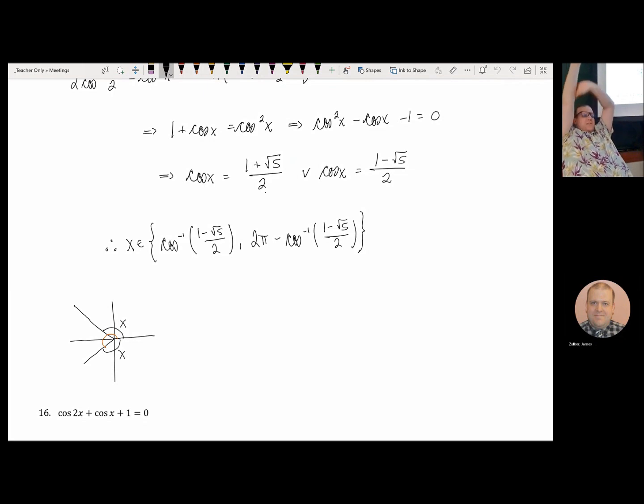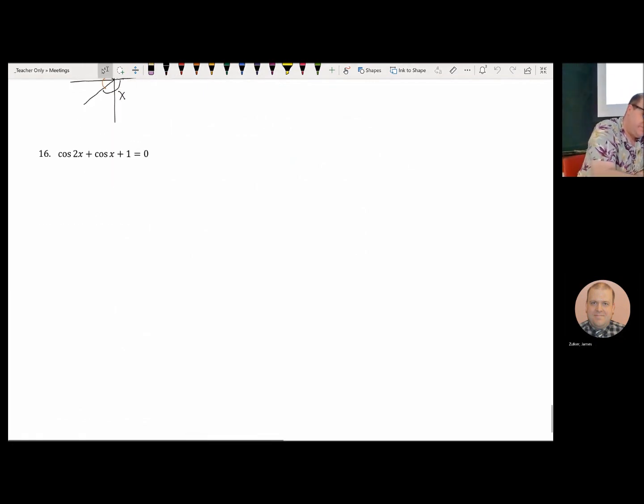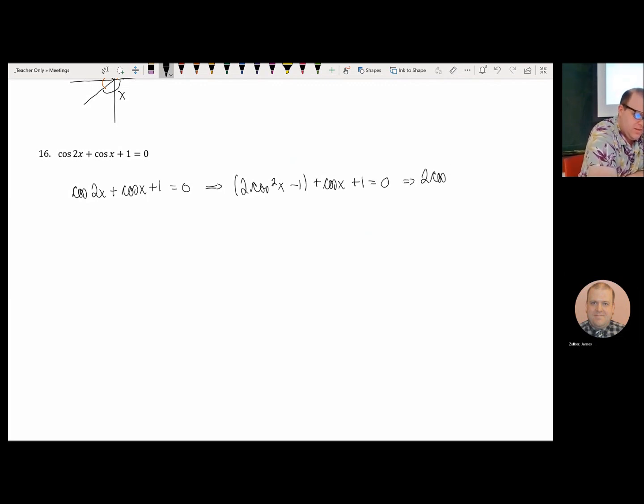Cosine of 2x plus cosine x plus 1 equals 0. Which one? Cosine squared theta minus 1. These are 2 cosine squared plus cosine has to be 0.